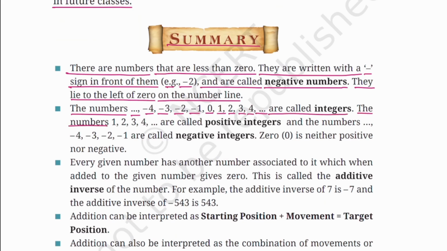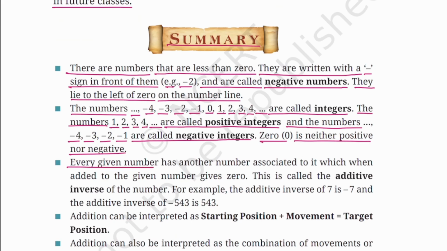The numbers 1, 2, 3, 4 and so on are called positive integers, and the numbers ..., minus 4, minus 3, minus 2, minus 1 are called negative integers. 0 is neither positive nor negative.